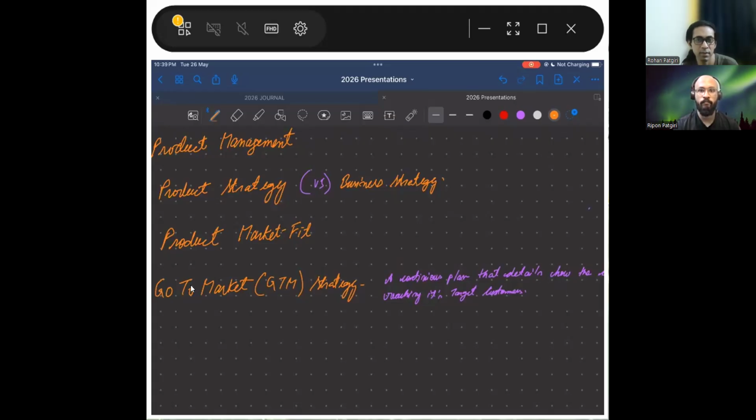So once they get the confirmation at the product market fit stage, then they come to the go-to-market strategy phase, where they come up with detailed plans, which will also include the product launch phase as well.